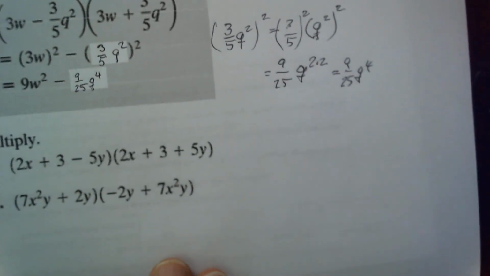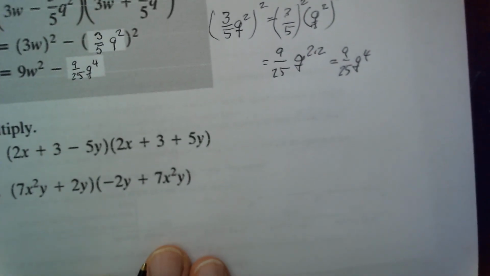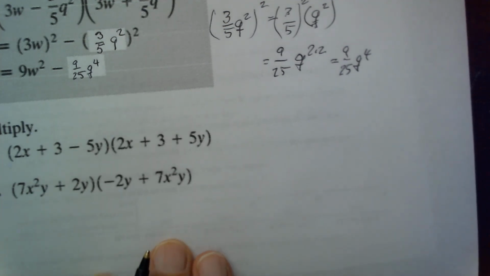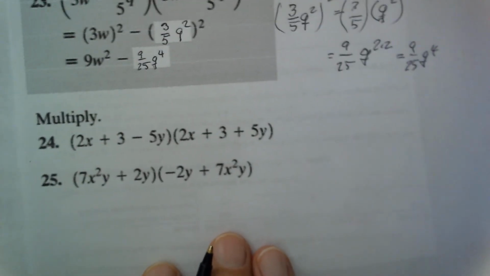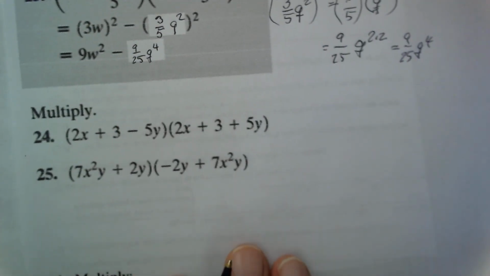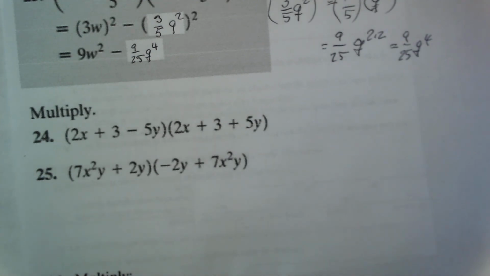And the other examples are just general multiplication exercises where we could use the above example. It's a little bit tricky in this case, but we can do it. It abbreviates things a little bit if we use the product of the sum and difference. I'll show you in a moment how.